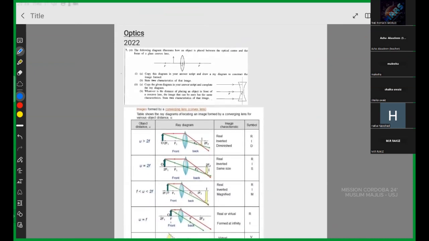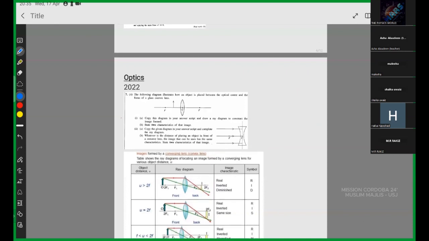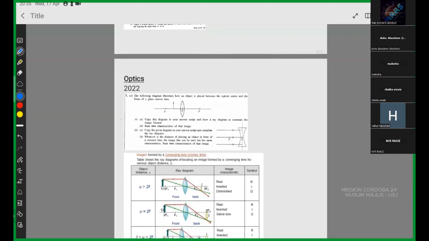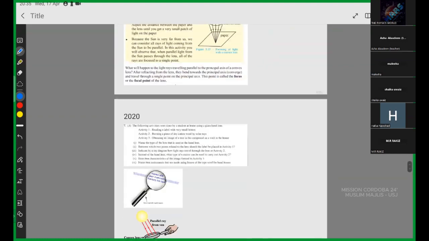Optics also has questions from 2022 to 2018 because that is the new syllabus. After 2018, 2017 and earlier come from the old syllabus papers. Optics questions appear everywhere, so there's a chance for you also to have it. That's why I selected that unit too.